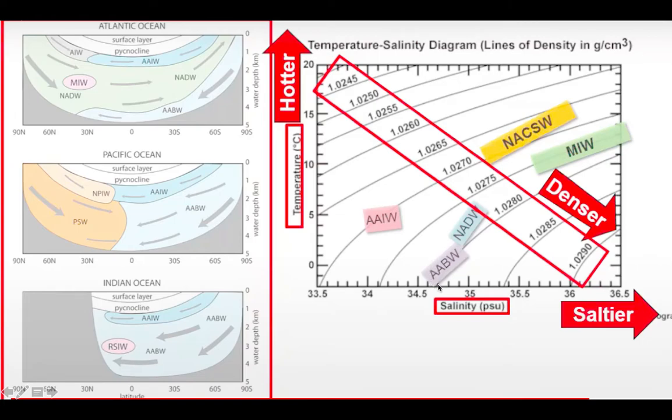Temperature is the prominent thing over salinity, and that's why it is the densest. यहाँ टेम्परेचर एक्ट कर रहा है, it's not salinity which controls, क्योंकि देखो MIW is having more salinity, still it is on the top, it is having more temperature also, no? So in different cases, different parameters play a role. Here salinity plays a role, it decides density. In the case of Antarctic bottom water, temperature decides the density.